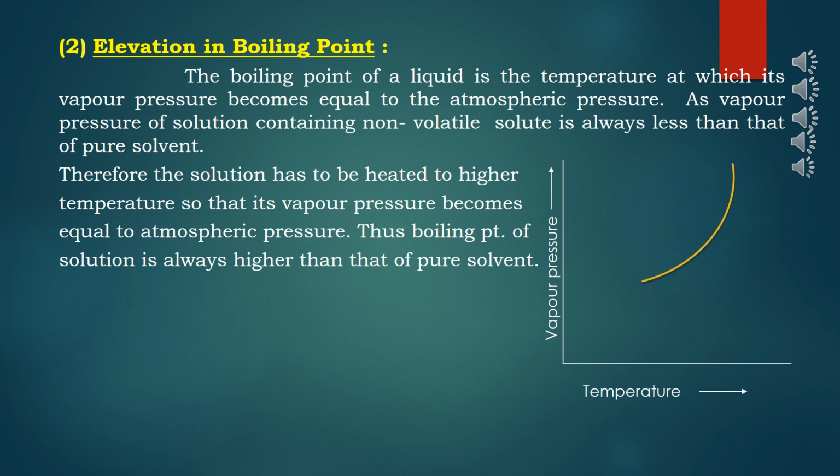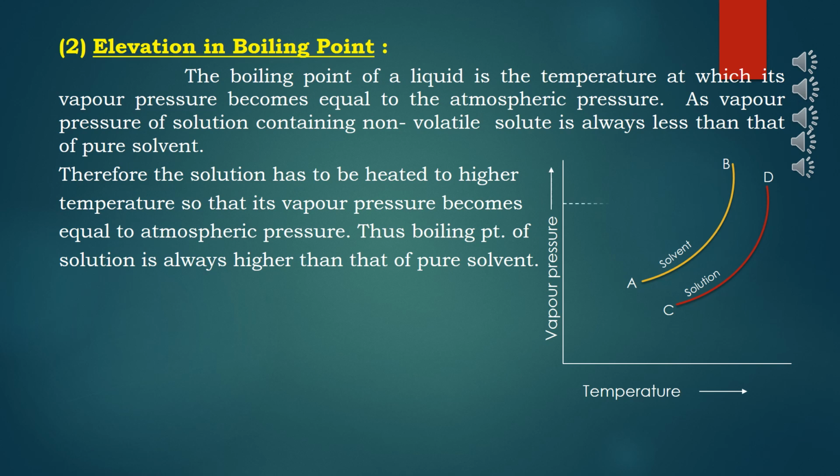As the temperature increases, the vapor pressure of solvent increases from point A to point B. So now, if we add a non-volatile solute in a solvent, the vapor pressure decreases. The variation of vapor pressure of solution with temperature is shown by the red line, which is less than that of the vapor pressure of the solvent.